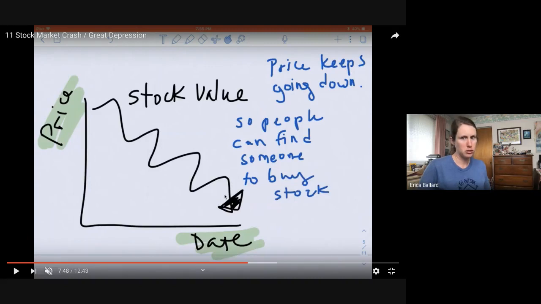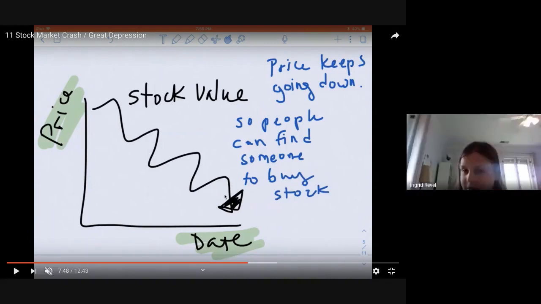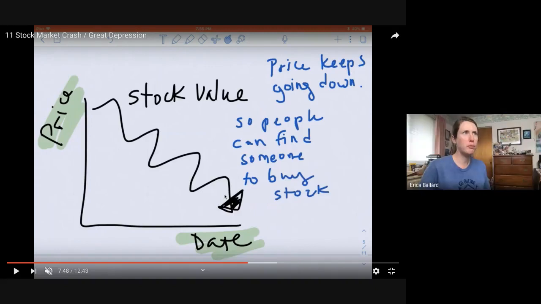Does that make sense? Yes. Okay, think about when you buy a stock, it's like buying a part of the company. For my bread business, if Lily buys part of my company, that means that when I make money, she makes part of that as money. But she's not going to want to own a part of my company if I'm making less money, right?